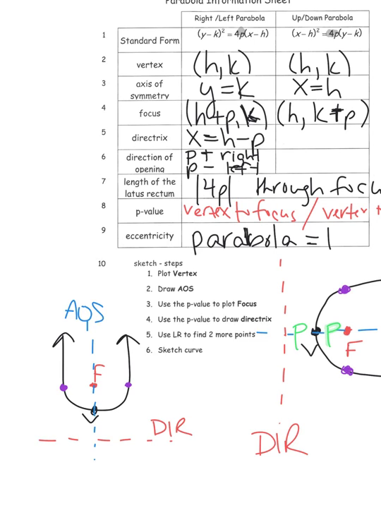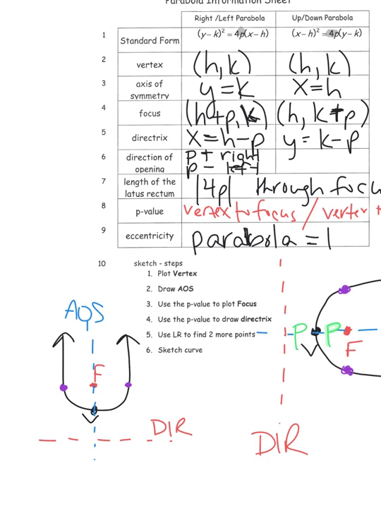So this time, that's a plus sign, this time it's the y value that's shifting up or down for the focus, and the directrix is going to be that same distance away, but in my picture it falls under the parabola because it opens up. So the equation for that would be y equals k minus p, because it goes right and left this time.